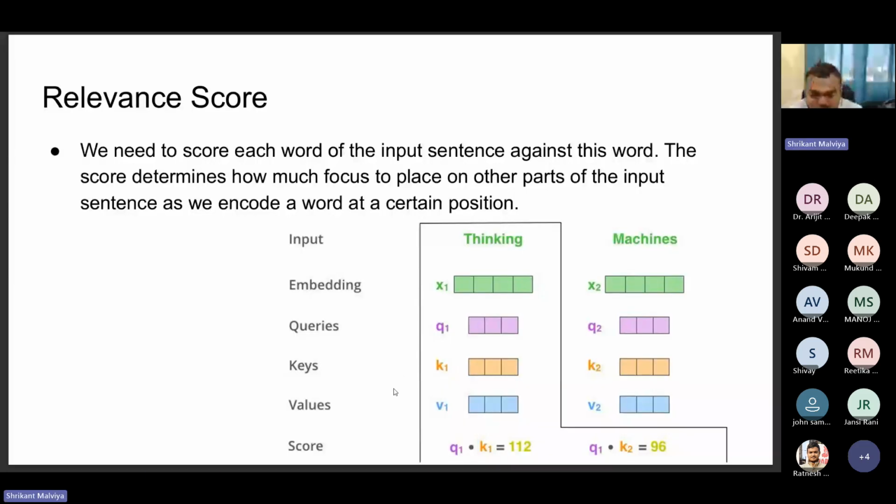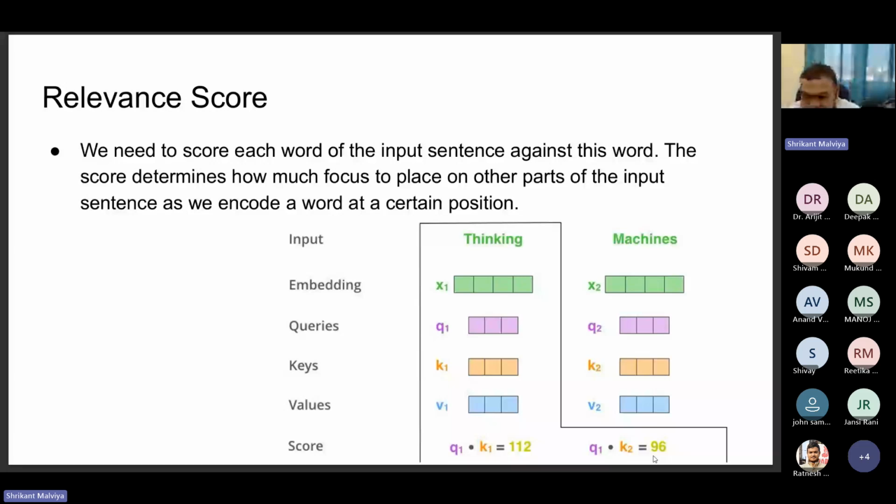With an example, let's see this for the given term, suppose thinking. We get the embedding, multiply it with the weight matrices, and get the query, key and value vectors. In the next step, we multiply Q and K. Suppose we get 112 for one head and 96 for another head.